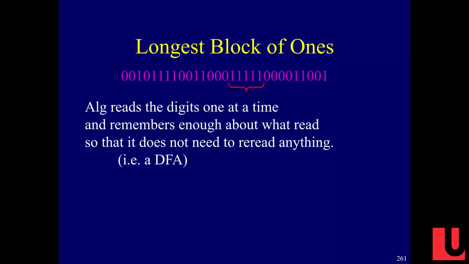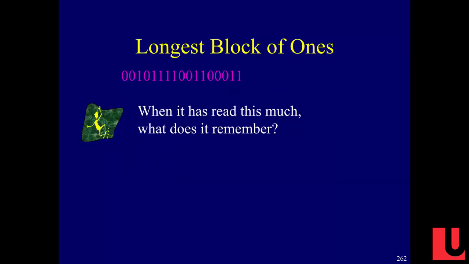Now, as an aside, anybody know, is this a deterministic finite automaton? It's not a finite automaton, because if I'm going to remember how long this block is, I need log n bits of information, not a constant number of bits. Put that aside.